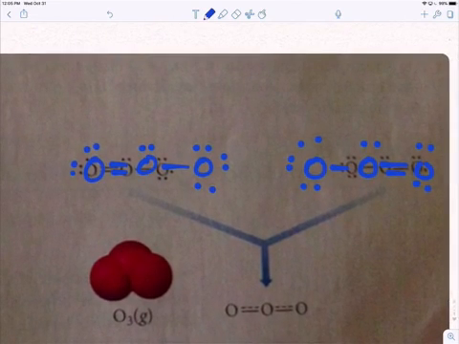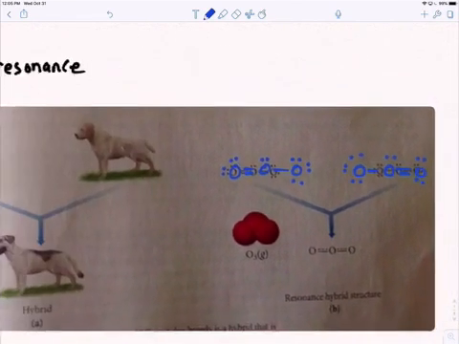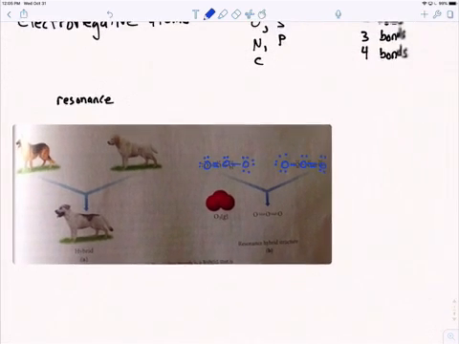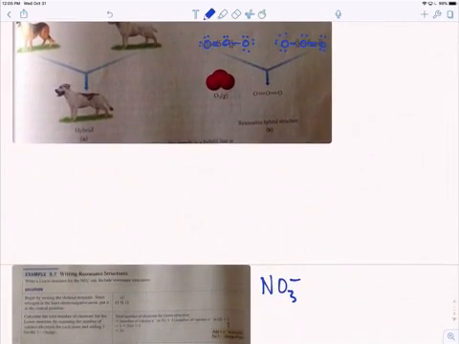So which one is the correct Lewis structure? The idea is they both are, and it forms a combination of the two. Kind of like if you have two purebred dogs, you get a mutt. Same idea: you have these two structures as a blend of the two. So we'll cover this more later.